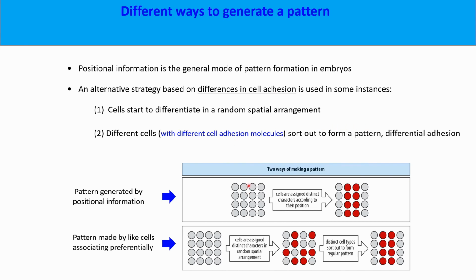While we've discussed pattern being generated by these kinds of models, where one set of cells starts secreting a factor that affects the neighbors, in differential adhesion, we have a mix of cells that start expressing different adhesion proteins on the surface, and these have a tendency to sort themselves out into a pattern. This is used in some instances in development, and it's been observed in transplant experiments, for example. Just bear it in mind, even though primarily we will be discussing patterns being generated by morphogens and positional information.